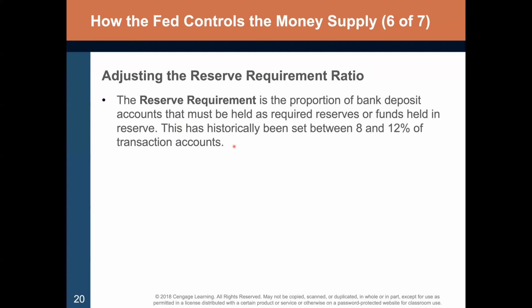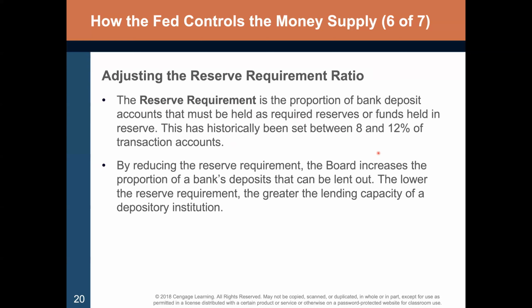So when you deposit money in a bank, the bank doesn't just leave it there. They loan it out. But they have to keep a certain amount in reserve, and that amount has ranged between 8 and 12% historically. So by reducing the reserve requirement, the board can increase the proportion of a bank's deposit that can be lent out.